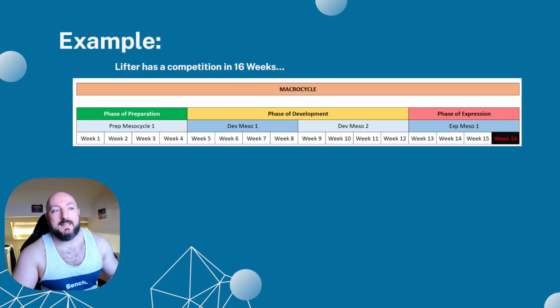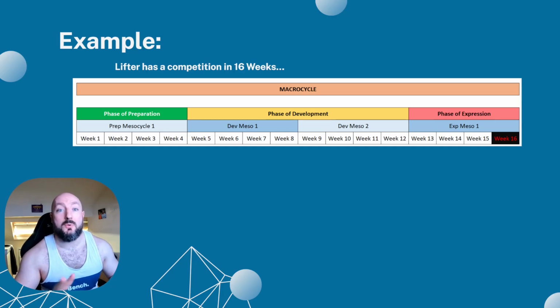So a perfect example is a lifter who is competing in 16 weeks. It depends on the lifter, obviously, but a typical setup, which would be middle of the road and which I'd recommend for most people to start with, would be a month prep cycle, which would be more of the SP type stuff.